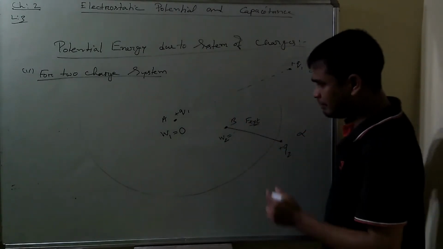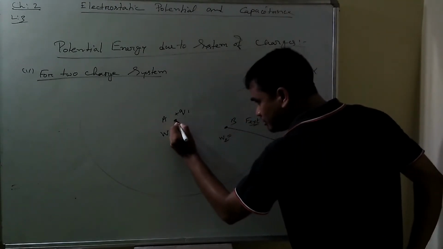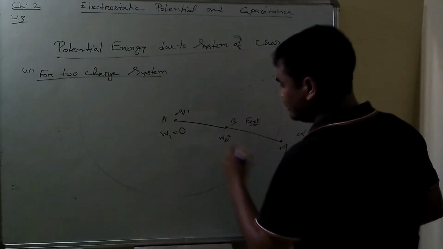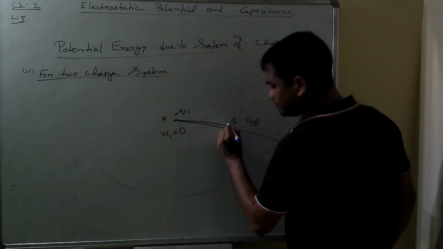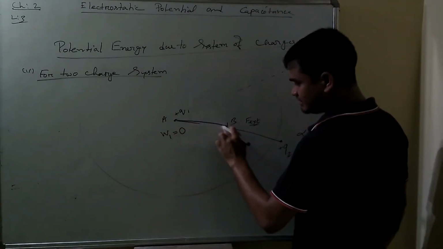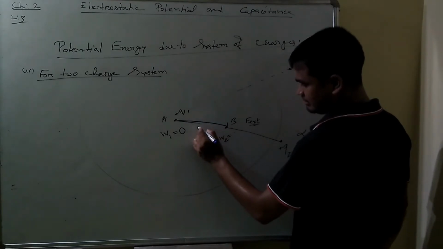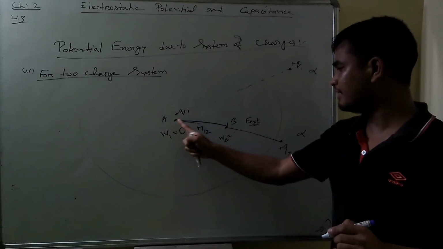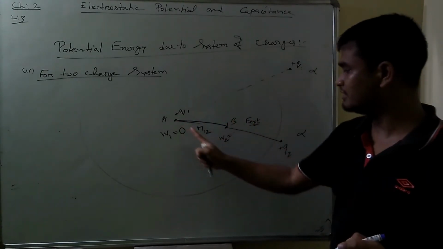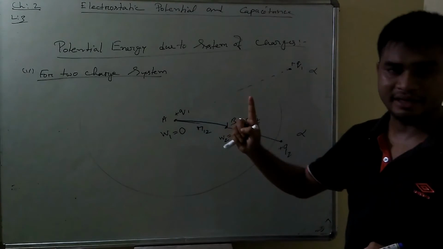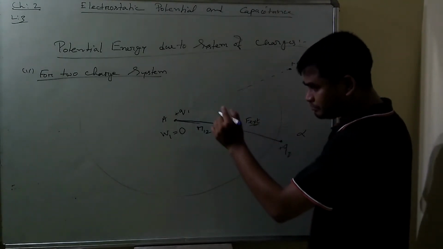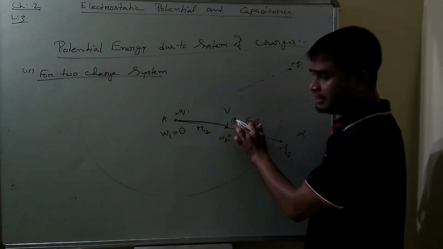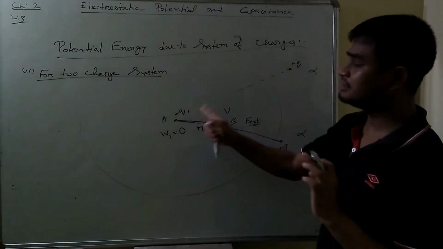Now we'll think about another thing. Let this position be B. B is at a distance R12 from the point A. Therefore, there will exist some potential at point B due to charge Q1.